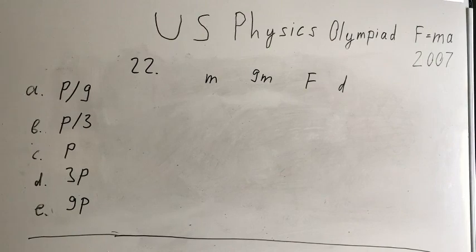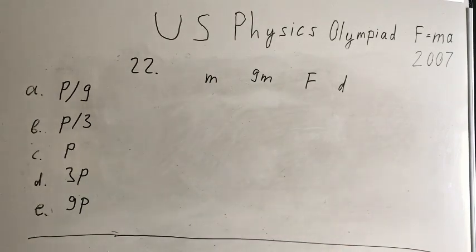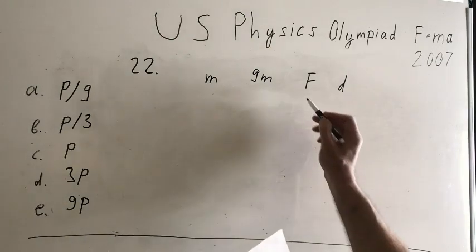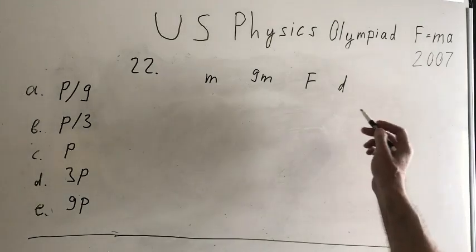Problem number 22. Two rockets are in space in a negligible gravitational field. All observations are made by an observer in a reference frame in which both rockets are initially at rest. The masses of the rockets are m and 9m. A constant force F acts on the rocket of mass m for a distance d.